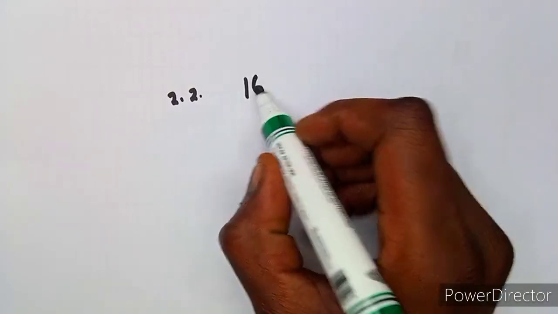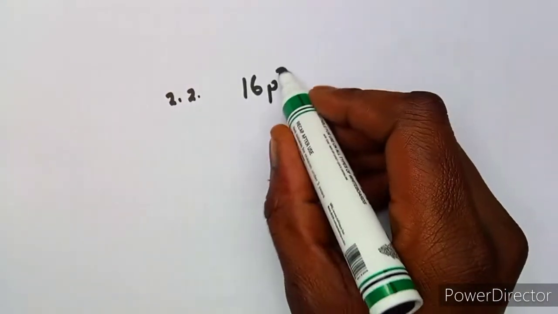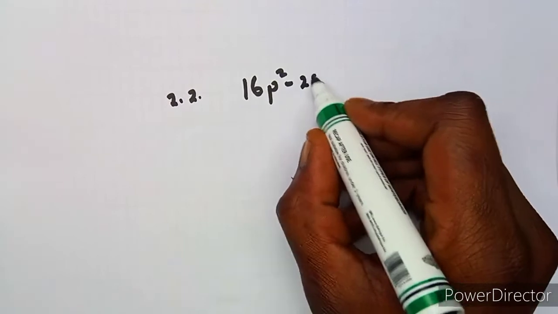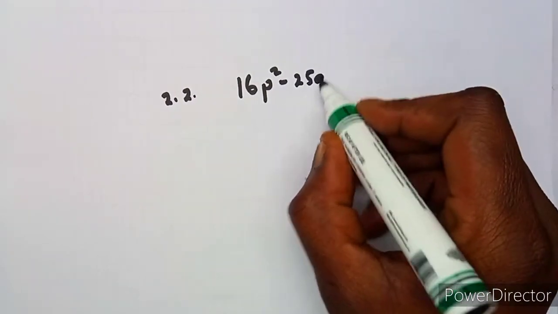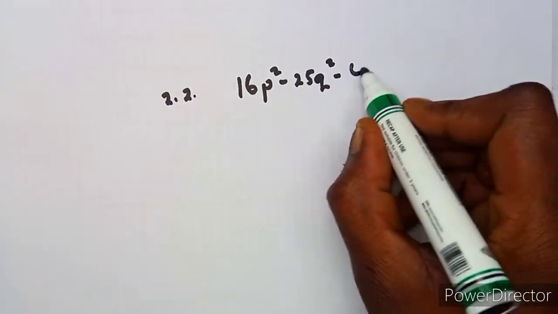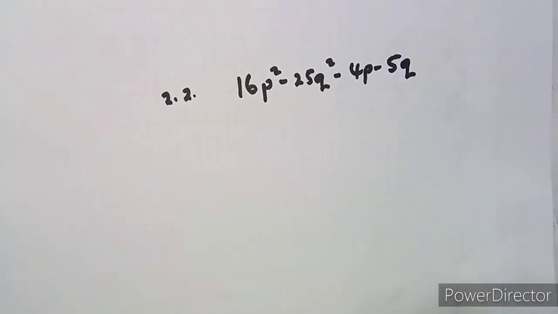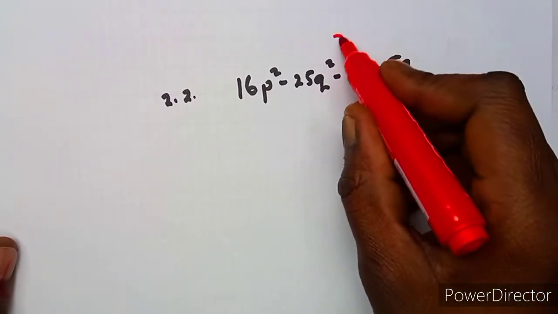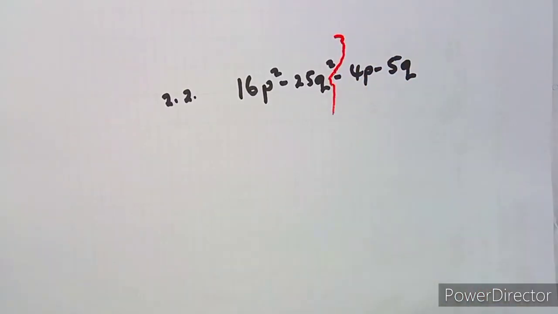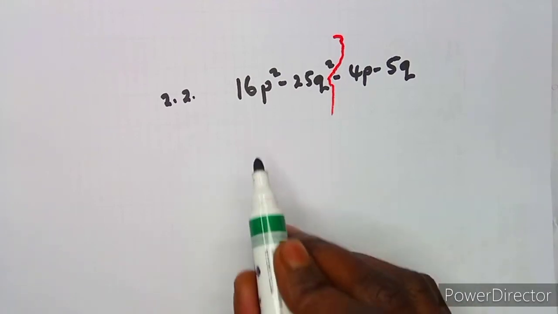So you're given to factorize 16p squared minus 25q squared minus 4p minus 5q, like this. Okay, we know that from our factorization, guys, whenever you are given 4 terms like this, you are going to group them or separate them into 2 so that you can factor out what is common.